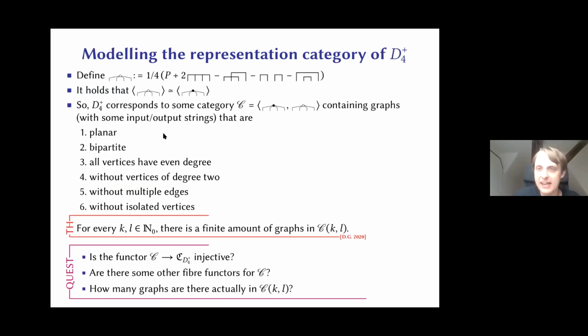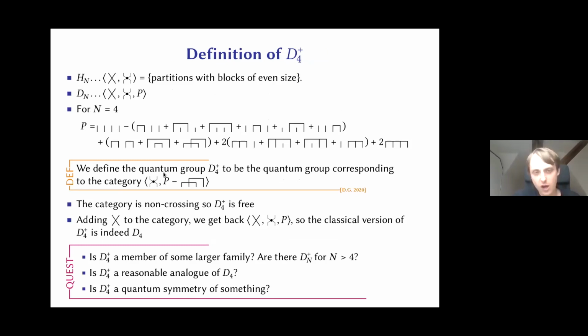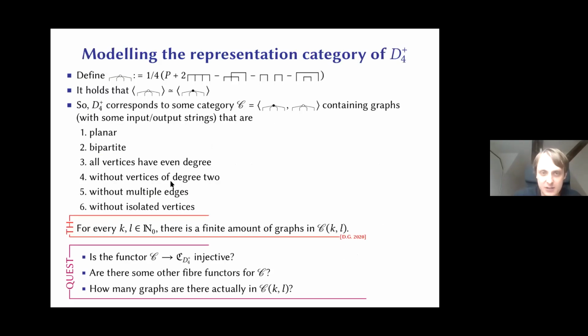Okay, and this is my last thing. I would like to model the representation category of this D4 plus. Although I defined D4 plus using the partitions, so I kind of know the representation category, I actually know just the generators. I have no idea what the elements of this category are, so I would like to find this out.